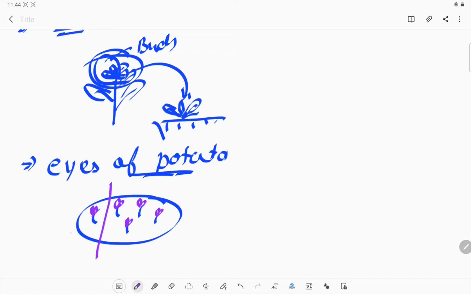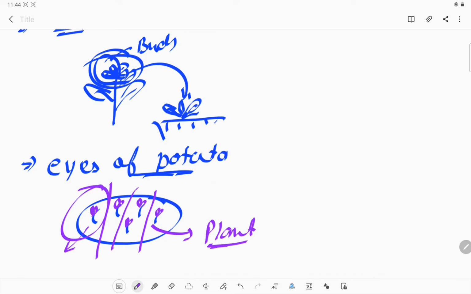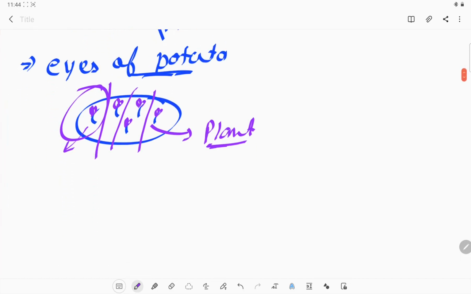This can grow into a new individual. Each of these can grow into a new plant. So this is the vegetative part. The eyes of potato are the vegetative parts from which the potato is getting reproduced.